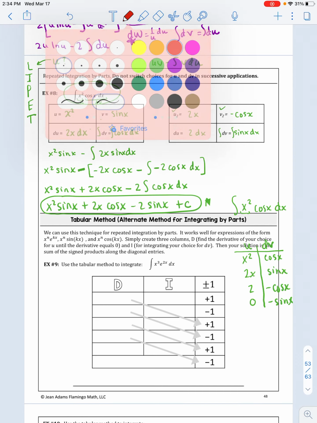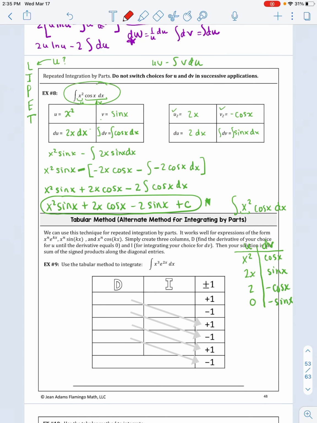I'm going to change my color here, and I'm going to connect this top one to the second one to the third one to the fourth one, okay? And when you're doing that, I want you to remember that this gets multiplied by positive 1, this one gets multiplied by negative 1, this one gets multiplied by positive 1, and so on. So if I take x squared times sine of x times positive 1, that gives me positive x squared sine x.